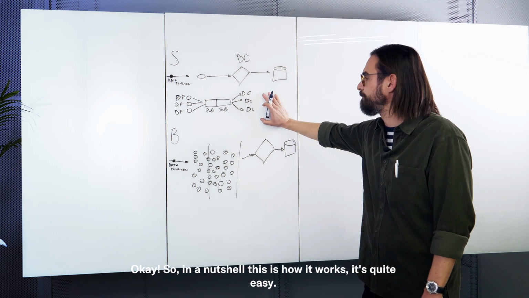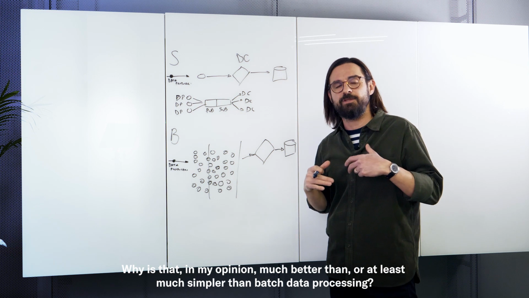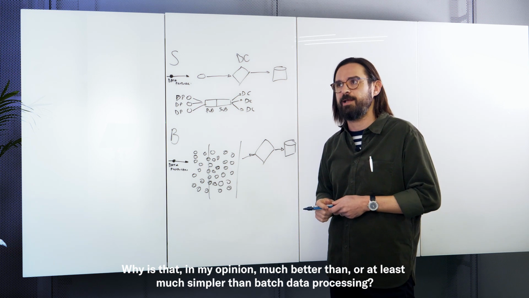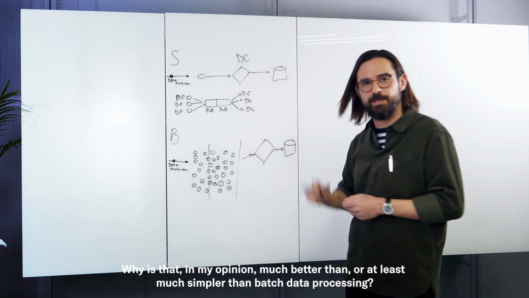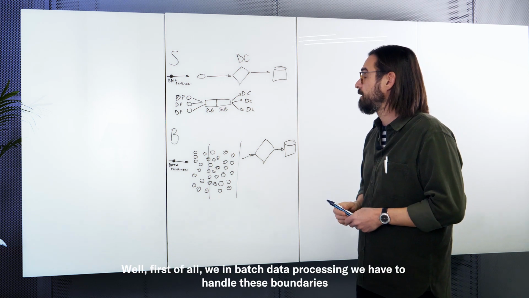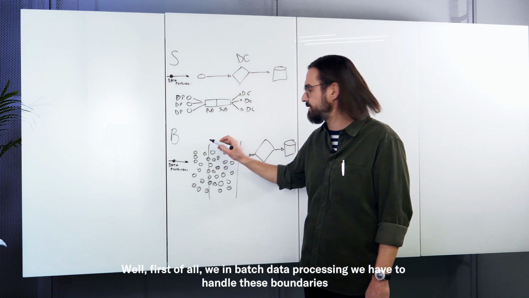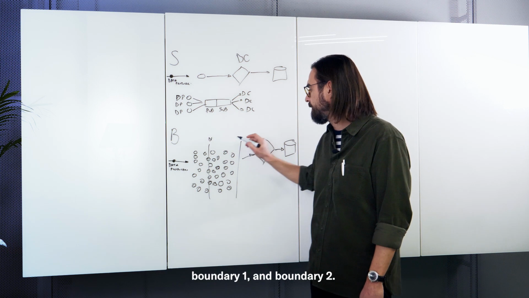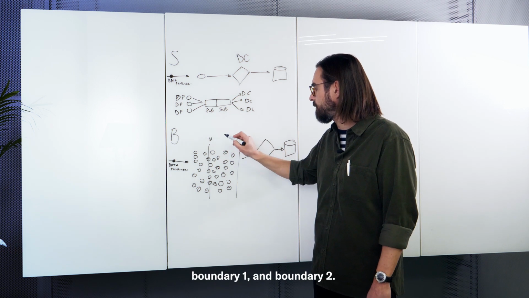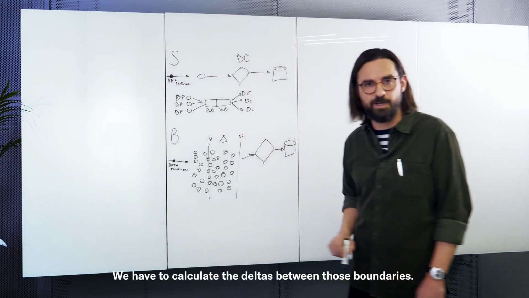It's quite easy. Why is that, in my opinion, much better or at least much simpler than batch data processing? Well, first of all, in batch data processing, we have to handle these boundaries, boundary 1 and boundary 2. We have to calculate the deltas between those boundaries.